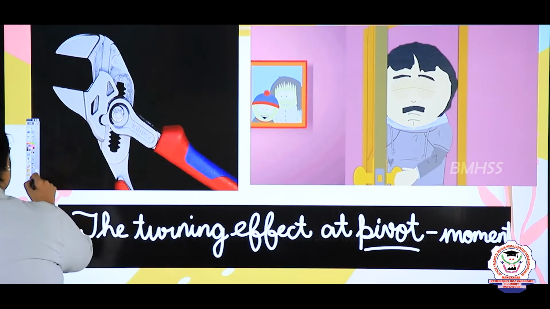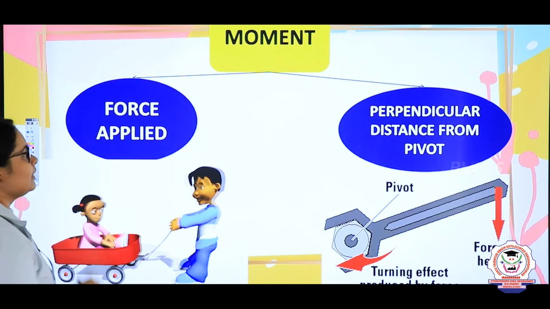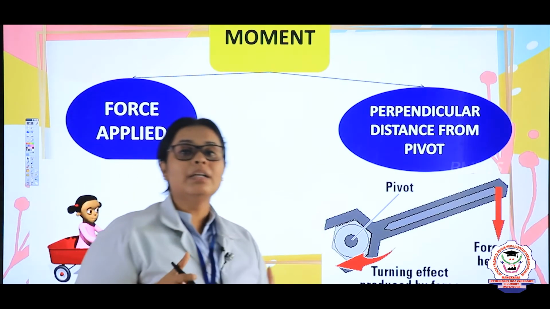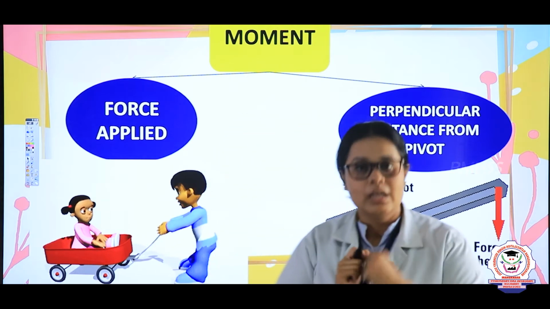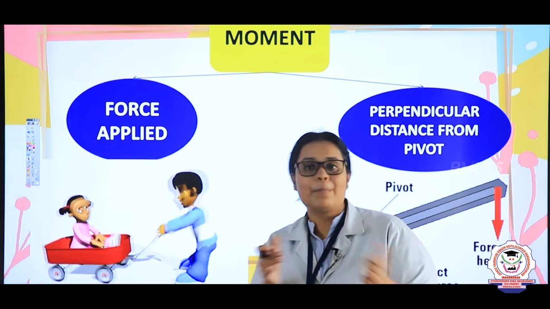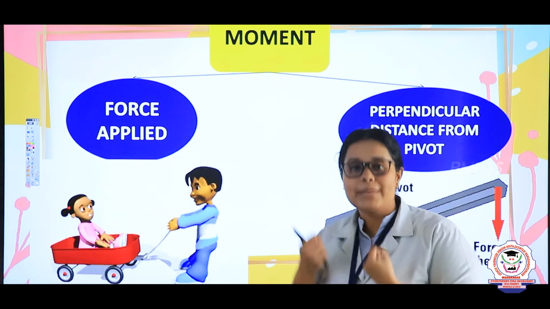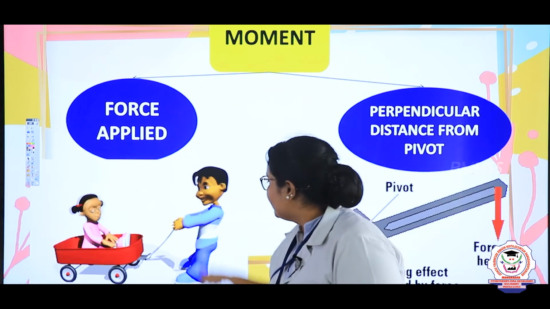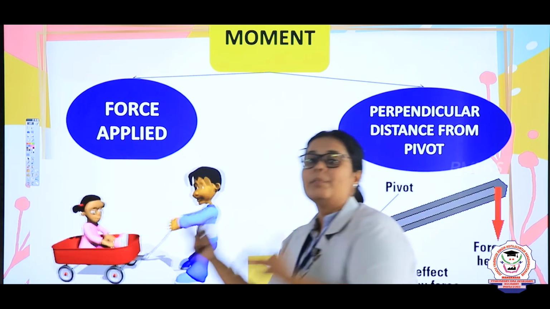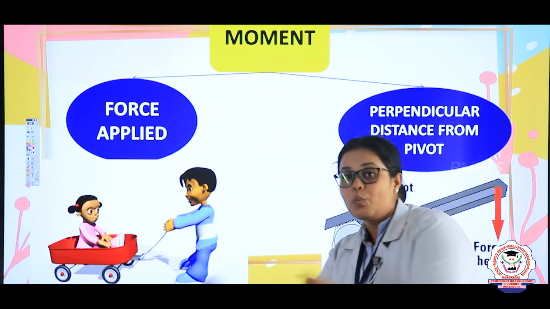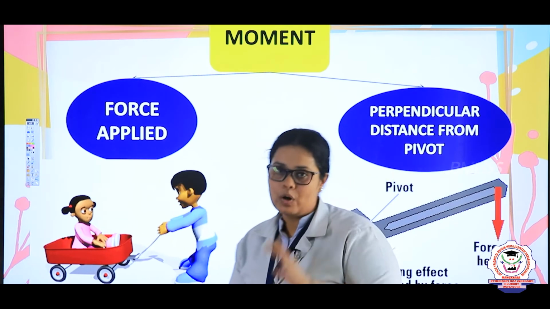Okay. Yes. Now let's see what the moment or the force depends on. There are two things it depends on. One is the force applied. See, children, here the person is pulling, right? The person is putting the force towards him. So that is more important.